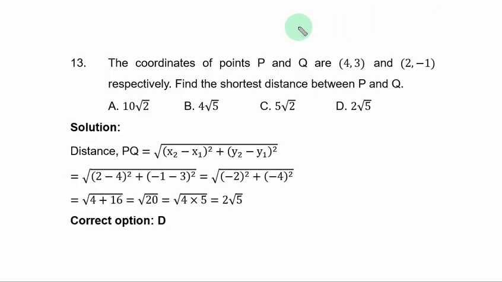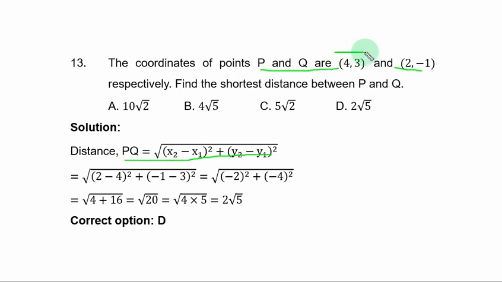Question 13. The coordinates of points P and Q are 4, 3 and 2, minus 1 respectively. Find the shortest distance between P and Q. That distance is given by this formula.